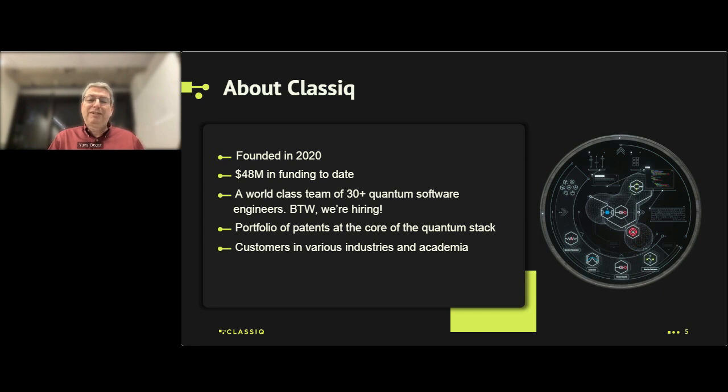So do visit our careers page if you're interested in getting into quantum. We've developed a number of patents that we believe are fundamental to developing high-quality software. And we've been working with customers in various continents, in various markets, both with enterprise customers and with academia, helping them get to where they want to get in their quantum journey.